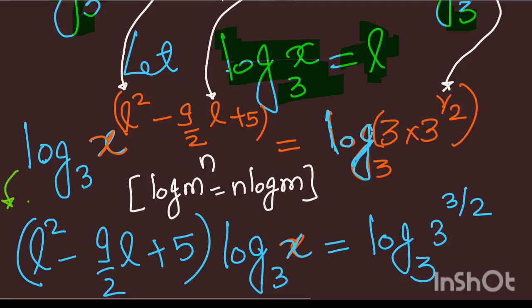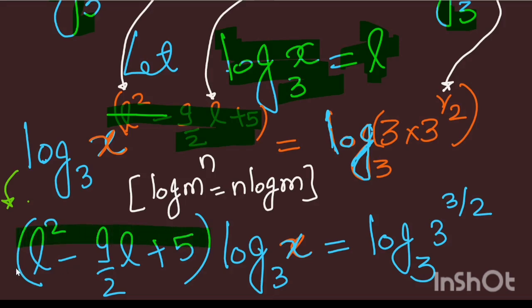So this thing which was the power, L square minus 9 by 2 L plus 5, now came down in multiplication. So L square minus 9 by 2 L plus 5 came in the multiplication of log x base 3. Nothing is left as a power of x.